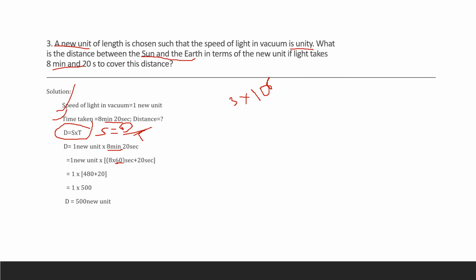So we write 8 into 60 seconds plus 20 seconds, and you'll get the time as 500 seconds. Now the speed is 1 and time is 500. The distance will be 1 into 500, which is 500 in terms of the new unit. This is your answer.